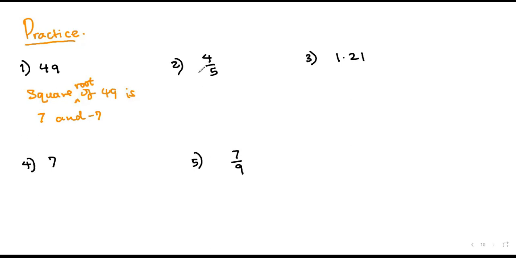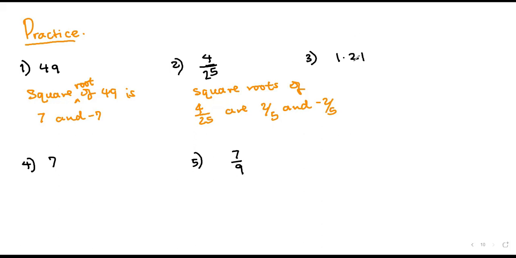And the square root of 4 out of 25 is 2 out of 5 and negative 2 out of 5. Very good. The square roots of 4 out of 25 are 2 out of 5 and negative 2 out of 5.